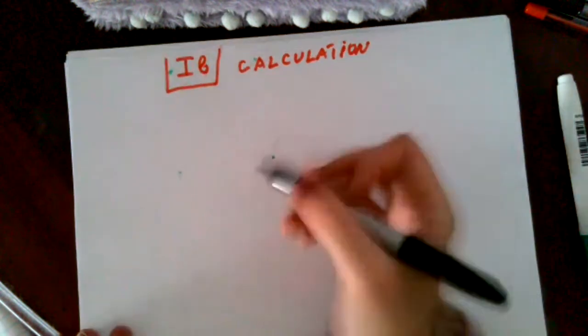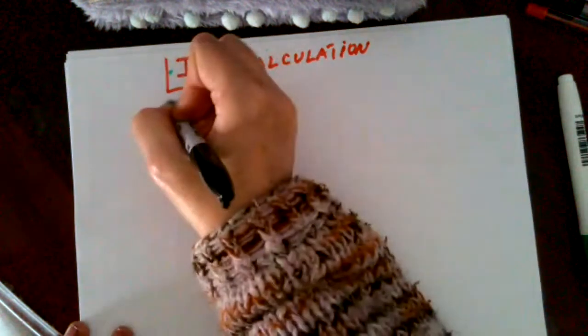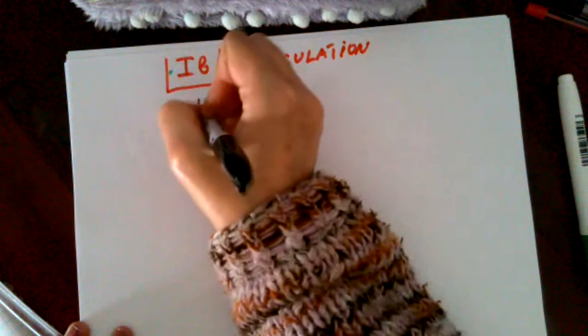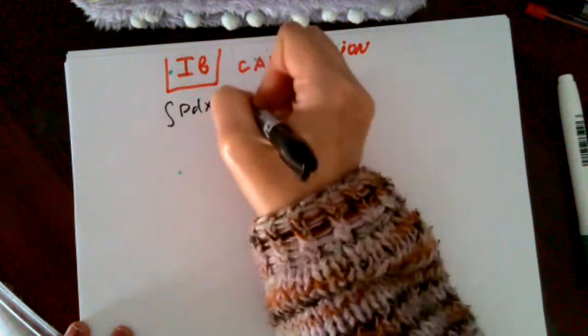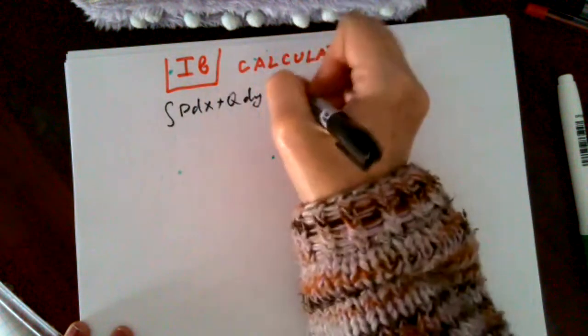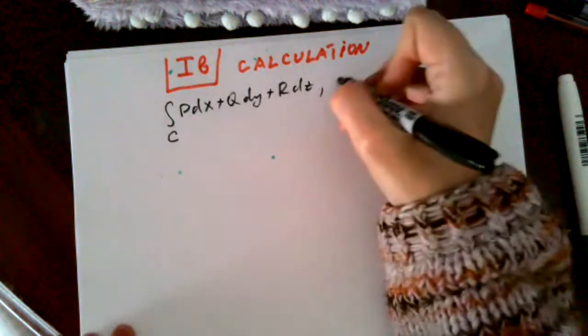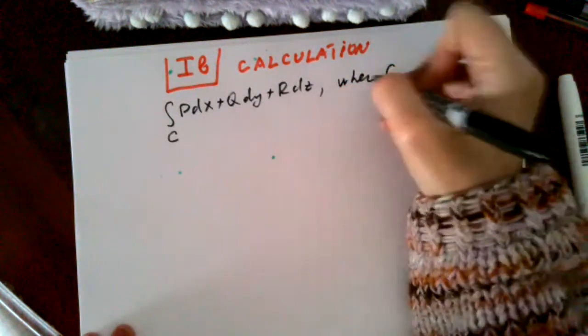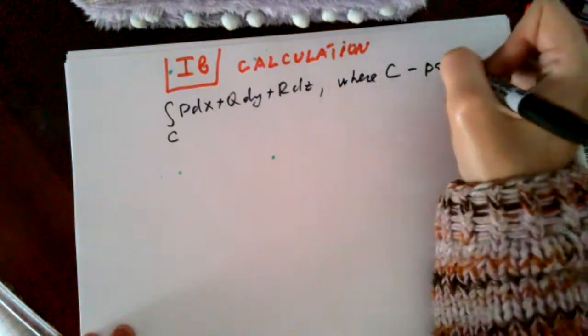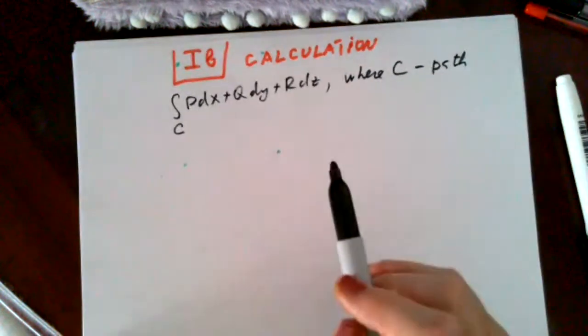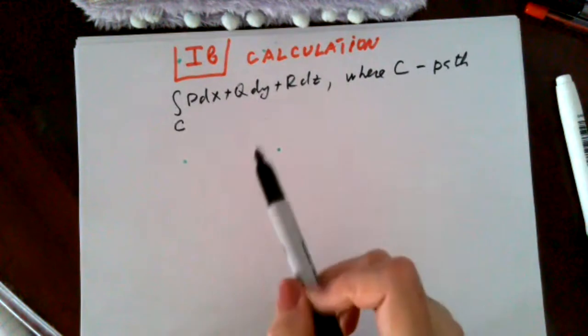So what should you do? Let me remind you that our work integral looks like this: P dx plus Q dy plus R dz, and you have letter C here, the usual notation, where C is a path along which you are asked to travel in this vector field PQR.